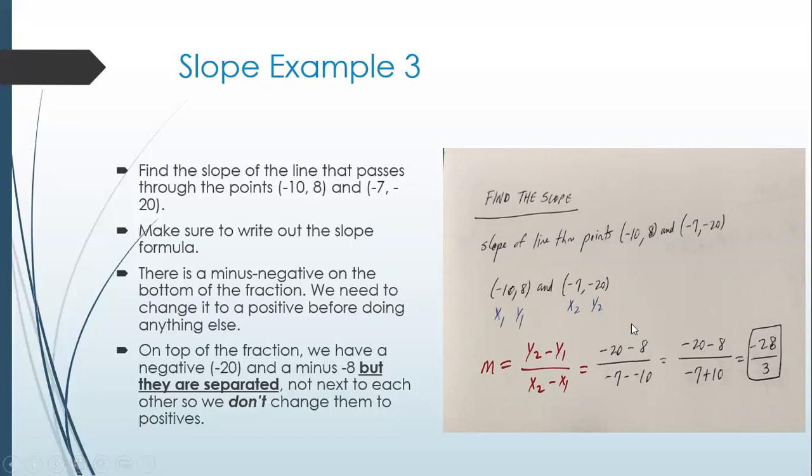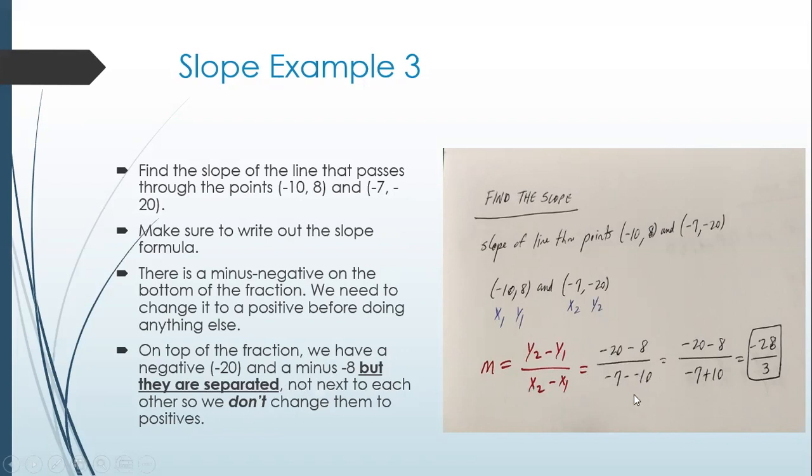I want you to also notice at the top of the fraction, I have a minus and a negative, don't I? Isn't that a minus negative? No, not really, no. This minus and that negative are on the same top of the fraction, but they are separated, not next to each other.